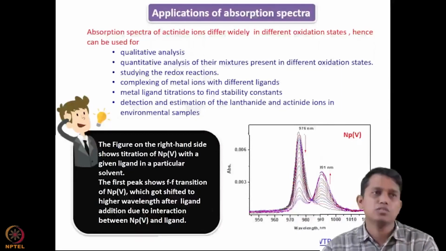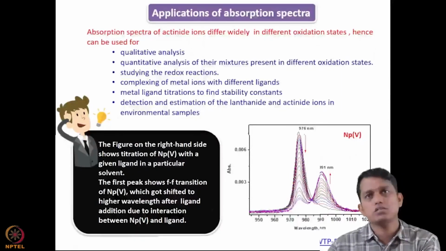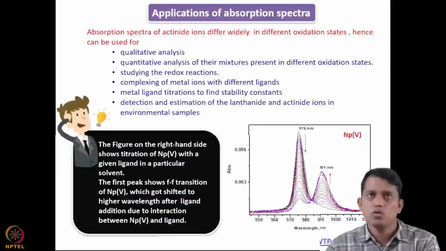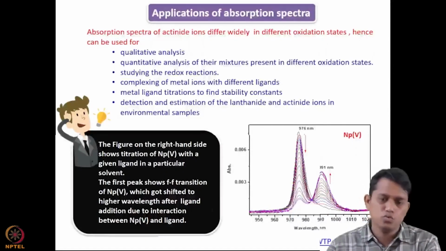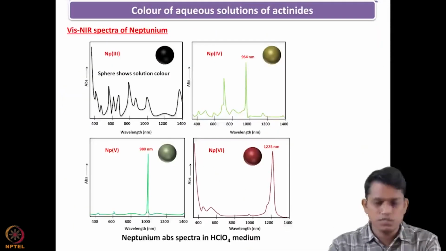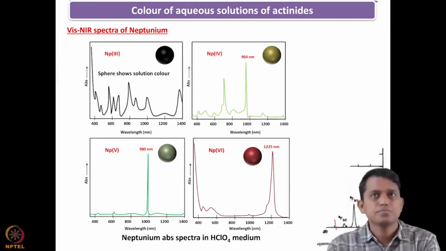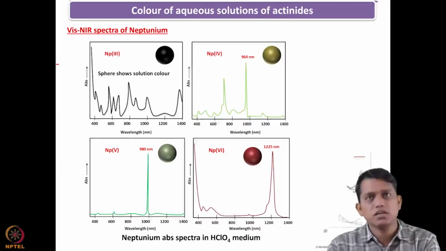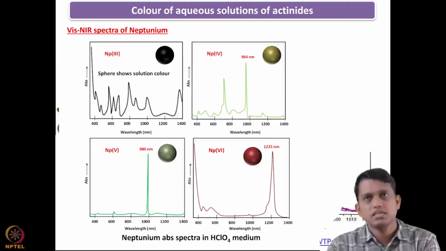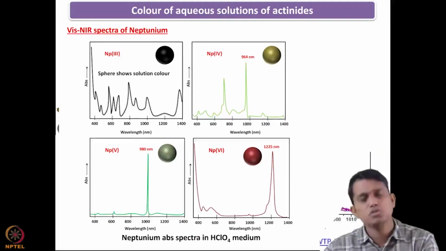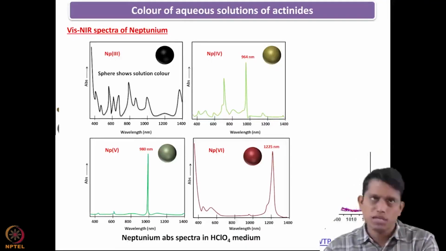The first thing you want to understand is the oxidation state of the metal ion in the solution. You can just record the spectrum, and as I've shown you in the previous spectra, different oxidation states have different lines. And just by looking at the spectra, you have an idea of the most prominent oxidation state. You can have a mixture also.